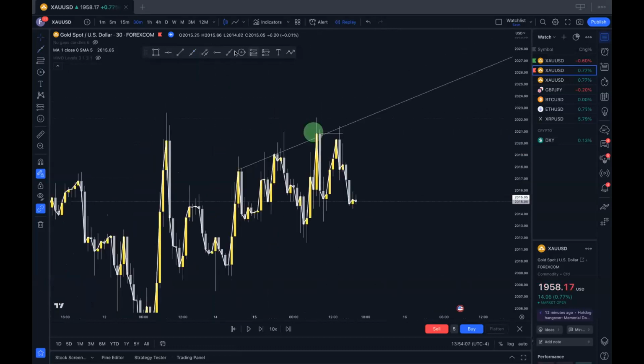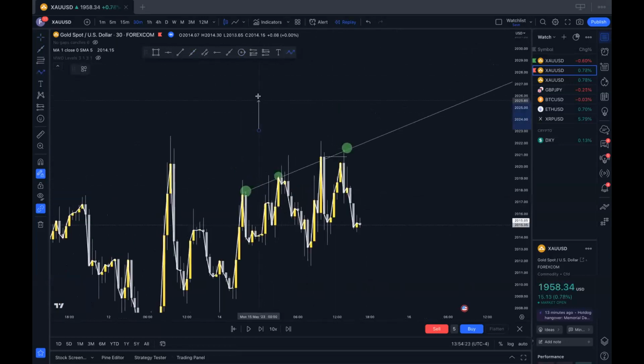See? 1, 2. This is TL type 5. Sorry guys, I was trying to find TL type 2, but this is TL 5. 1, 2, head entry. TL type 5 is 1, 2, head entry.